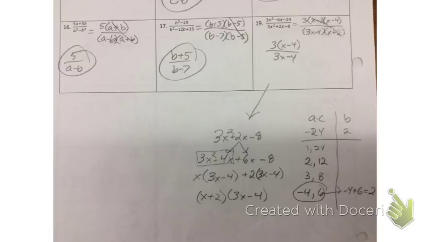The bottom one is going to factor down to 3x minus 4 times x plus 2, which I did all of the work for you on how to do it. The only thing that cancels out is the x plus 2 and the x plus 2. You can't go any further than this. But this is the step-by-step guide. It is online, on the answer key, step-by-step on how to factor.